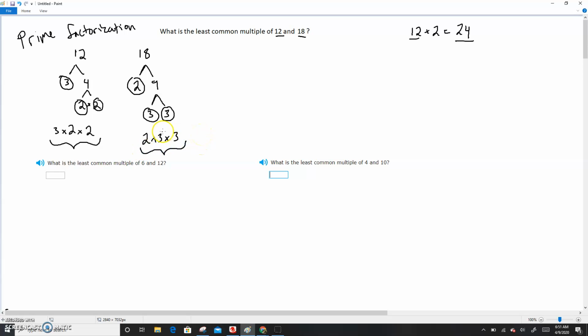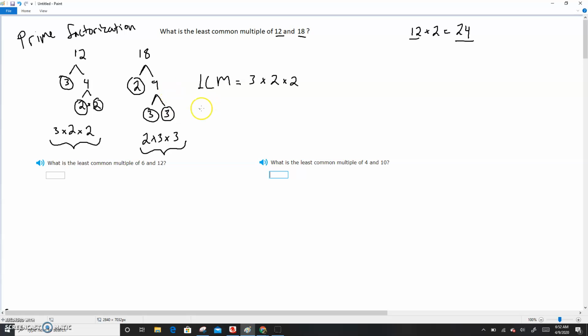And so when we find the least common multiple, we need to make sure we have enough ingredients in that number to make both 12 and 18. So our least common multiple needs to have, for example, for 12, a 3, a 2, and another 2 as some of its ingredients.